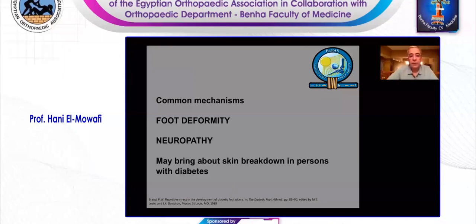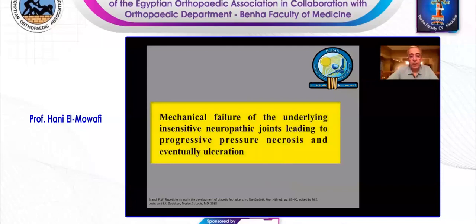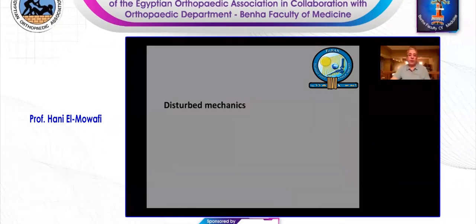Many researchers said that the common mechanism of ulcer in Charcot foot is foot deformity and neuropathy. This brings about skin breakdown in a person with diabetes, due to mechanical failure of the underlying insensitive neuropathic joint, leading to progressive pressure necrosis and eventually ulceration.